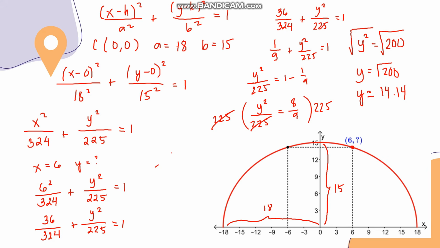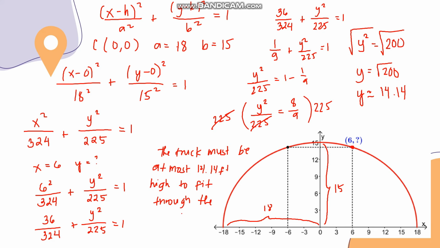Therefore, we can say the truck must be at most 14.14 feet high to go through the tunnel.